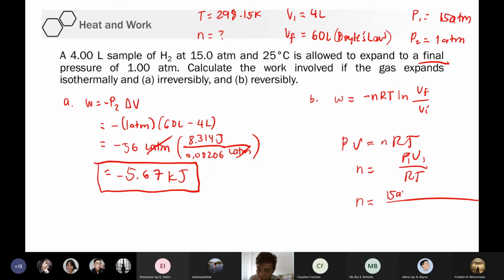That's 15 atm. Initial volume, 4 liters. R is 0.08206 L·atm/mol·K, and then the temperature is 298.15 Kelvin. Moles is 15 times 4 over 0.08206 times 298.15. 2.45 na lang, round off.